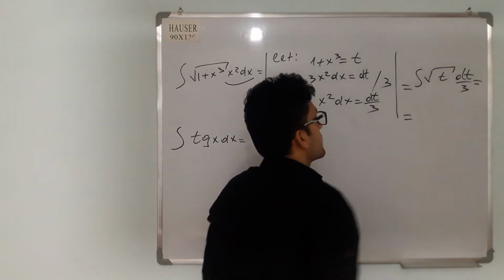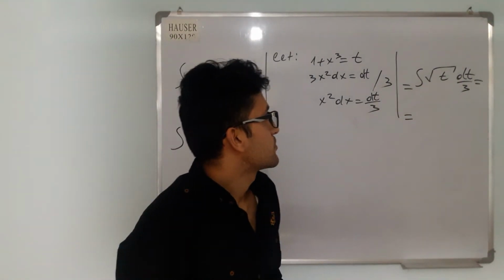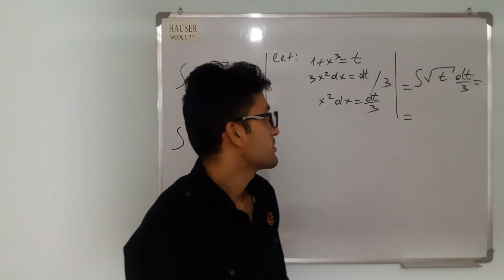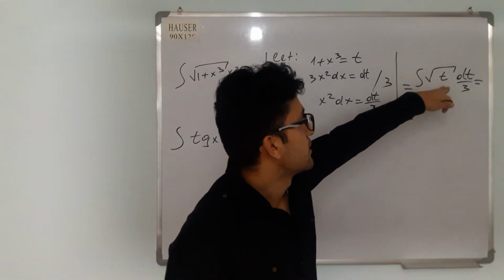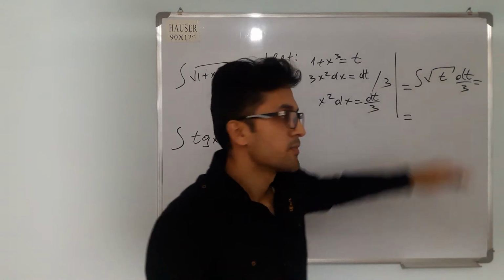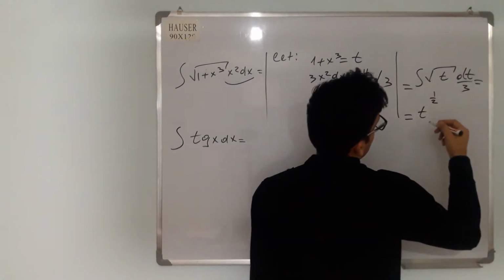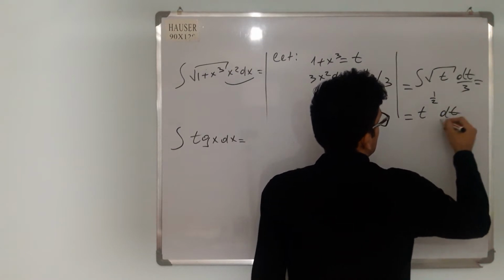After that, we should take another antiderivative from this expression. It will be impossible to take from this one directly, but it will be possible when you write this expression as an exponential function. This means we should write t to the power 1 divided by 2, dt divided by 3.